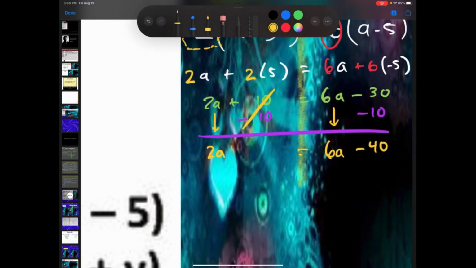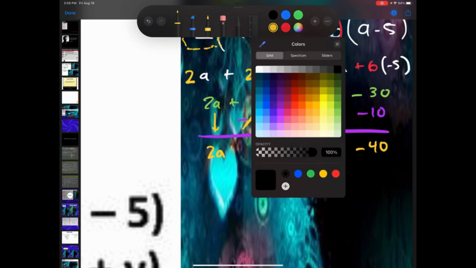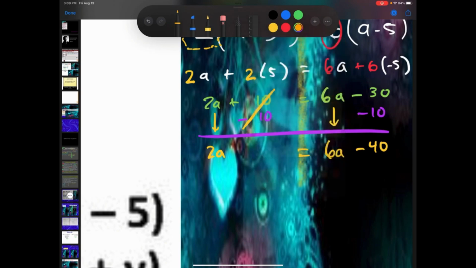Okay. Partner B tell partner A, how do I get the A's together? Ready, set, go. Okay, class, how do I move this 6A to the other side? We're going to do the opposite. So 6A, is it positive or negative?